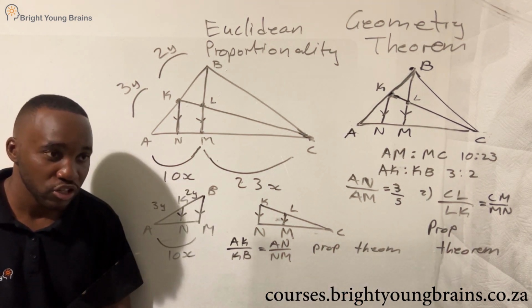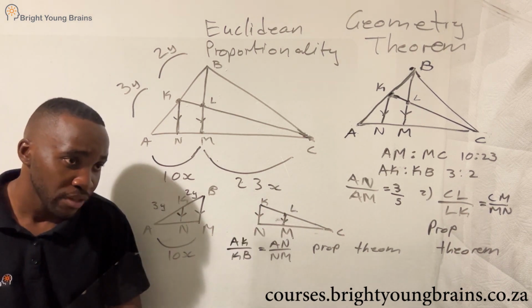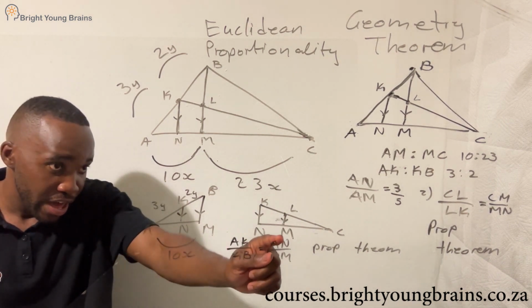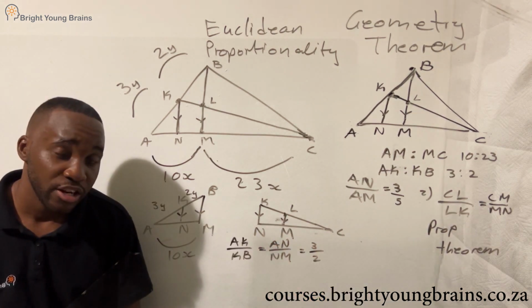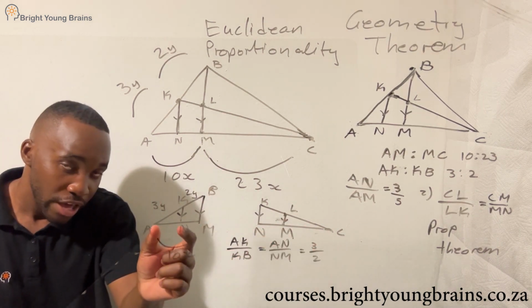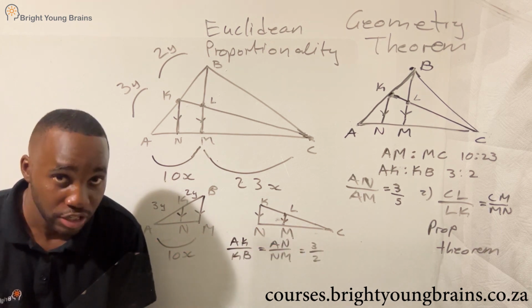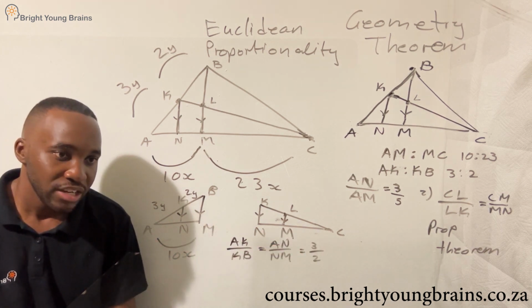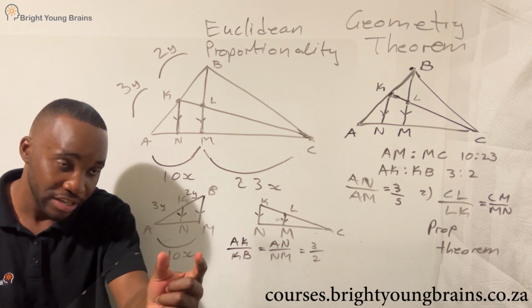Nothing crazy, nothing major. Now the big issue here is we already know that AN over NM is just going to be divided using the ratio 3 to 2. So the AN here and the NM there are just divided in the ratio 3 to 2. Now the big idea is the entire line AM is being represented by 10x.